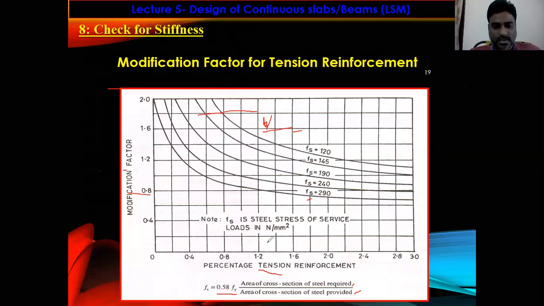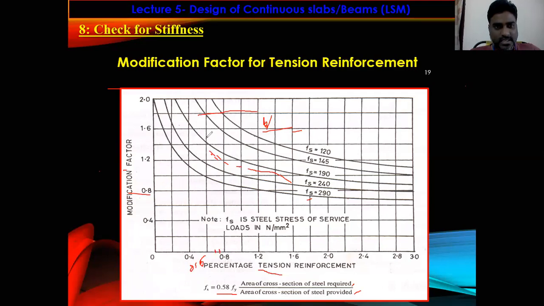Here, this is 0.2, 0.4, 0.6, 0.8, and in the middle you will get 0.7. And 0.75 means somewhere here, and 205 is approximately somewhere here.